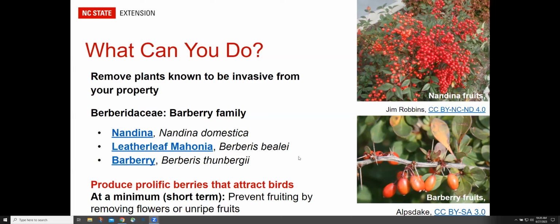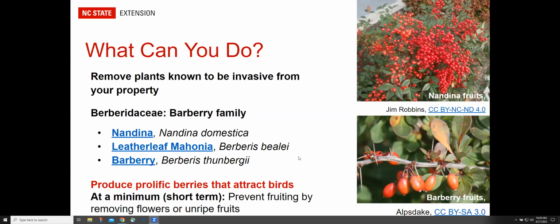And what we really want to encourage you to do, if you have these plants in your landscape or in demonstration gardens at the Extension office, is to remove them. And if that's not something you can do right away, especially because it's going to be 100 degrees next week, at a minimum, remove the flowers or remove the immature fruit, to prevent them from producing berries that could be spread.